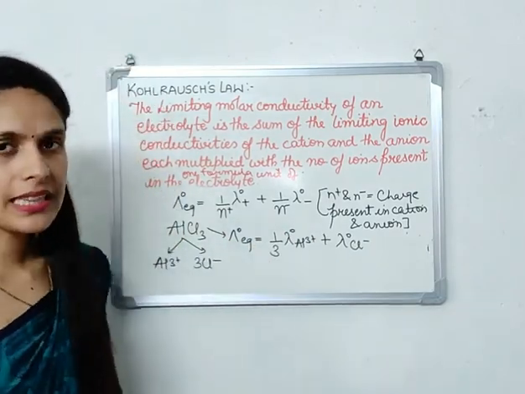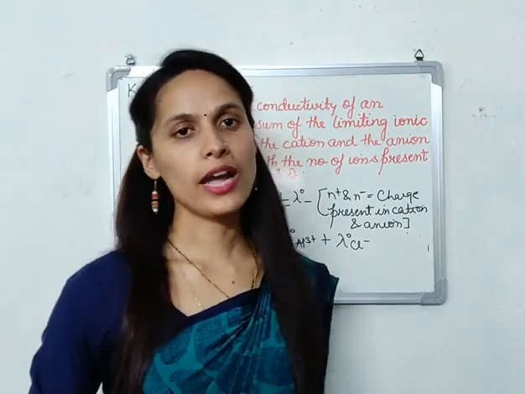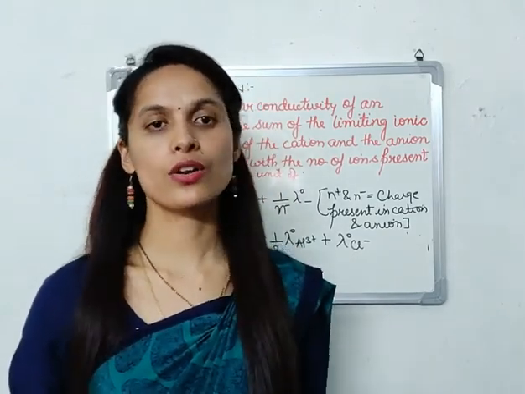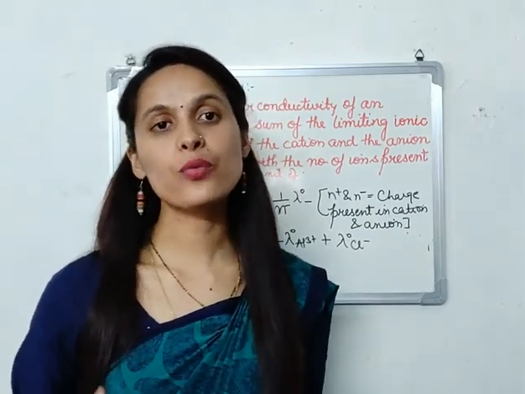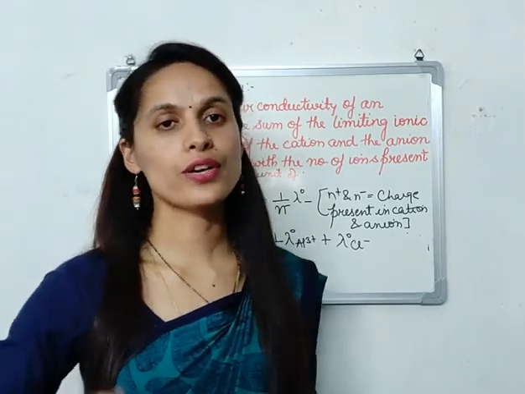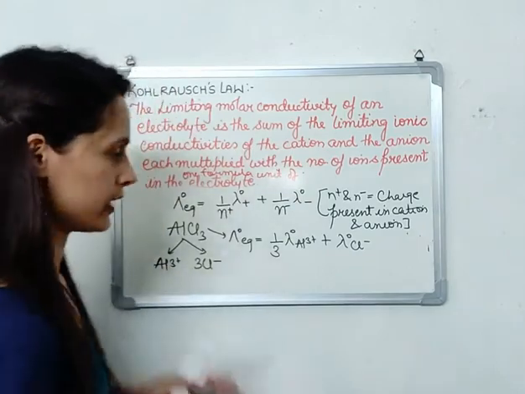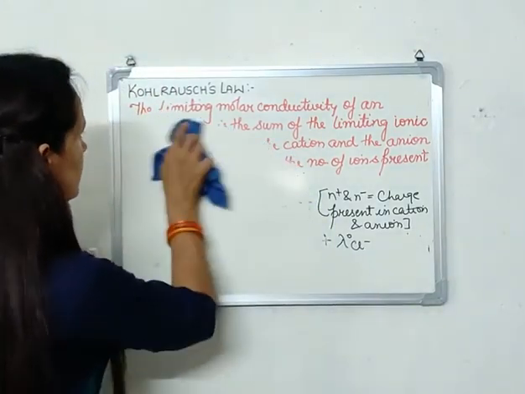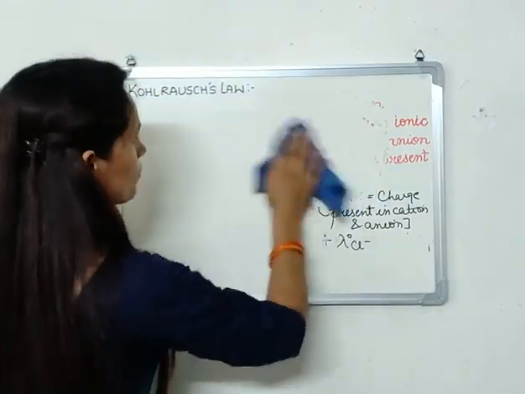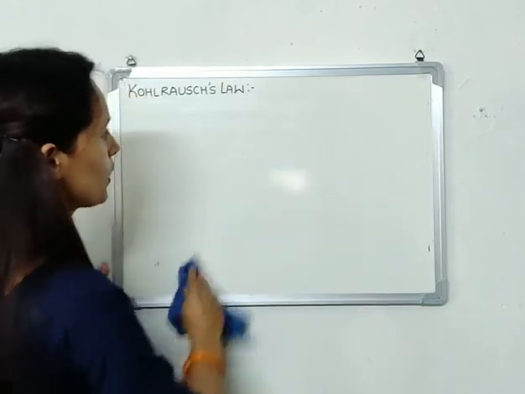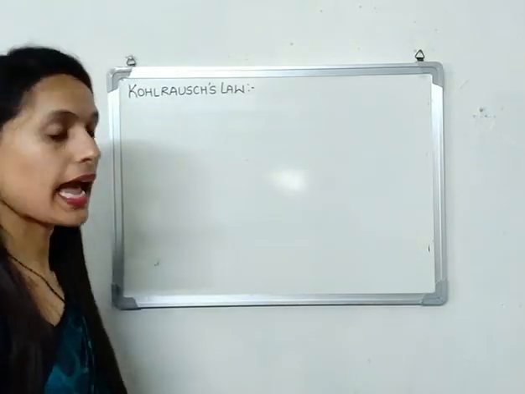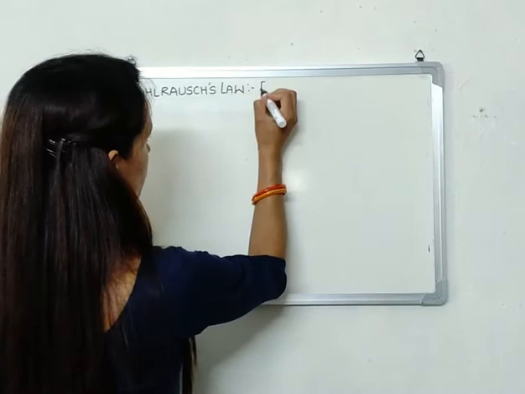Now we'll study the application of KOHLRAUSCH'S law, and in the application of KOHLRAUSCH'S law, we get to know how we can use KOHLRAUSCH'S law for calculating the lambda m naught for weak electrolyte.